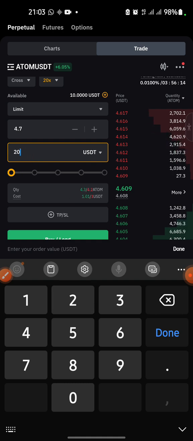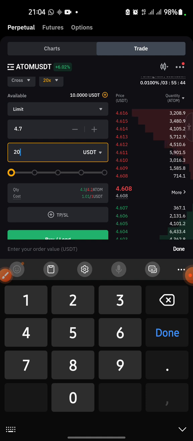Now if you put 20, as you can see, my available balance here is 10 USDT and 20 USDT is more than that. It doesn't work that way. But since it has to do with futures, futures gives you the opportunity to trade with a larger amount of money. That's what futures trading is all about. It gives you the advantage, it just shows you how it feels to trade with big money.